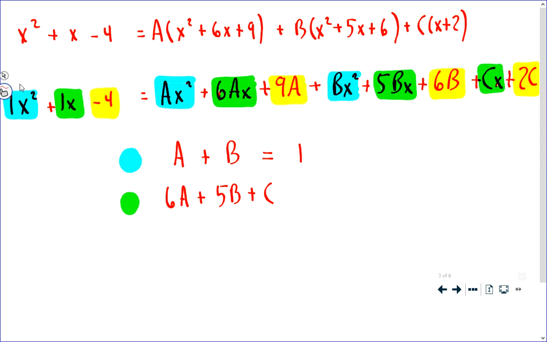So if I had to add 6a multiplied by x plus 5b multiplied by x plus c multiplied by x, I would have to add those coefficients to find out how many x's I get. But when I look at the left-hand side, I can see that I only have 1x, which means the coefficients of all of the x terms on the right have to give us the coefficient of the x term on the left.